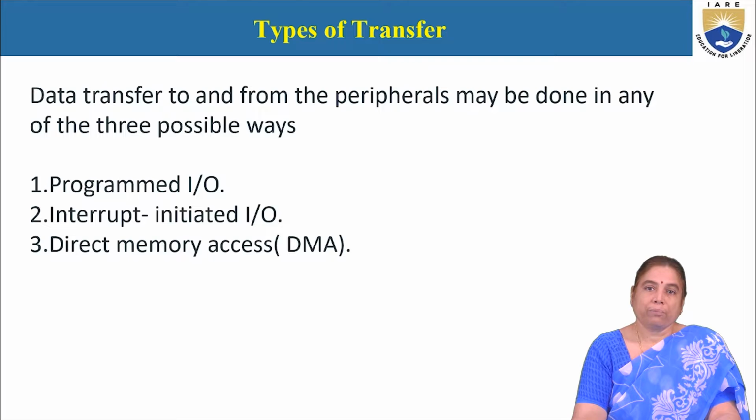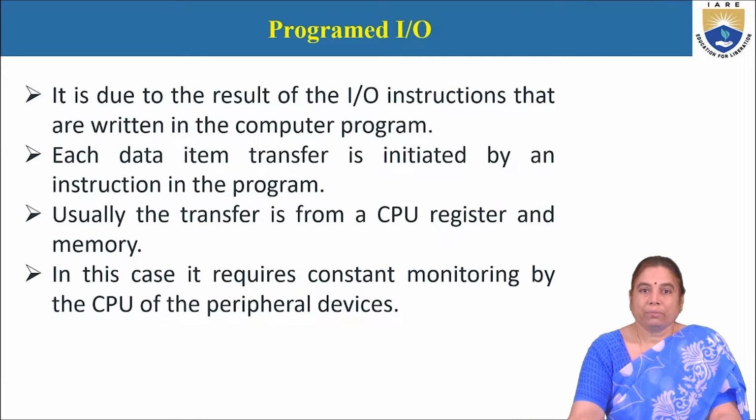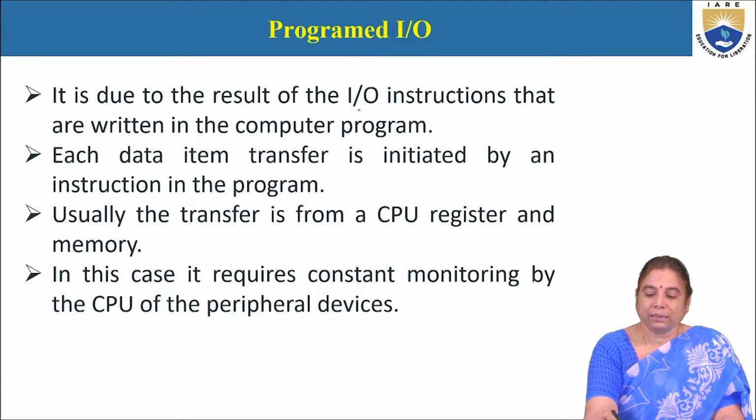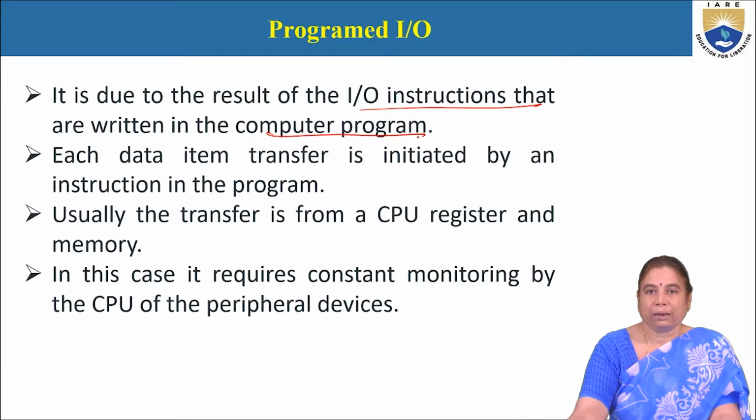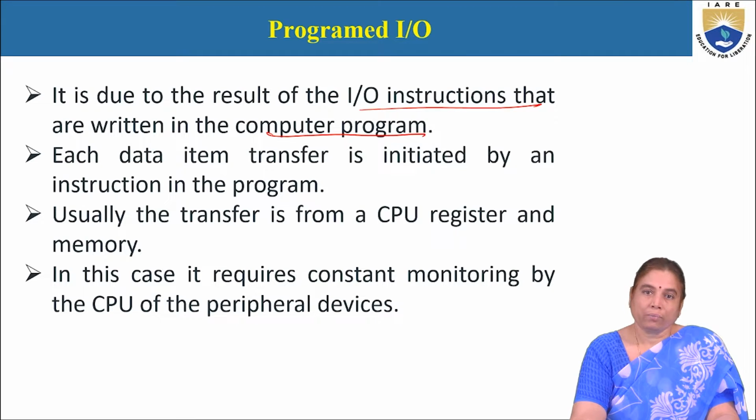What is programmed IO? With the help of program instructions, the input-output operation can take place. This programmed IO is a result of IO instructions written in the computer program. Each and every software supports a certain set of IO instructions to facilitate input and output operations.